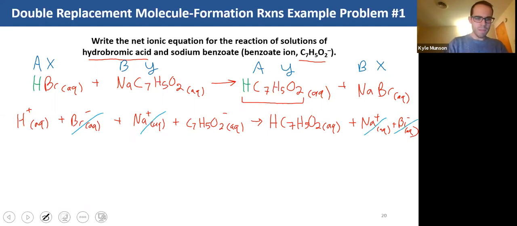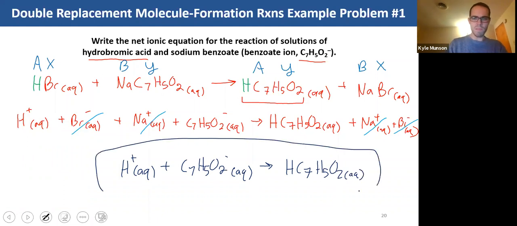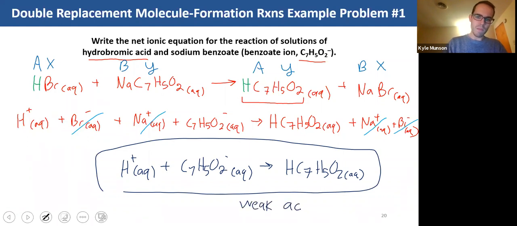And what I'm left with is a proton, H plus, plus this guy here, gives me this. So this is the net ionic equation, and this is a weak acid.